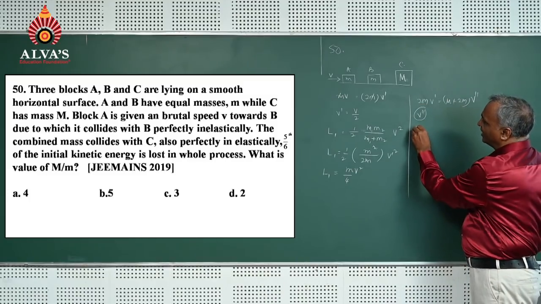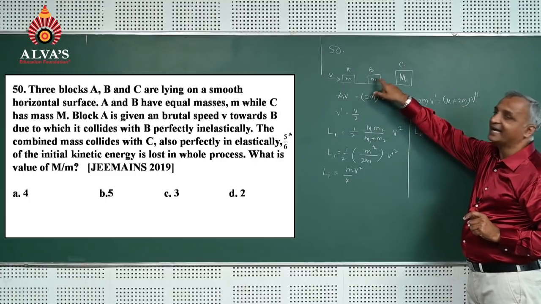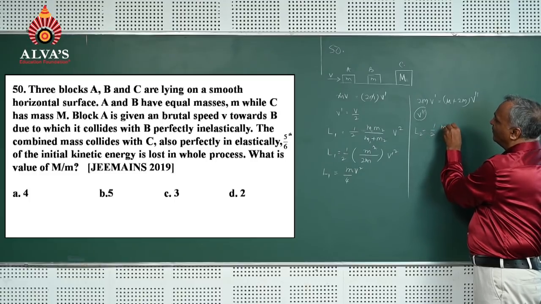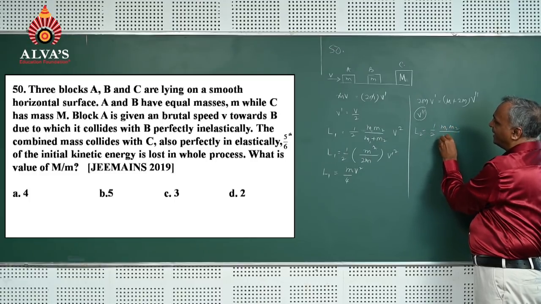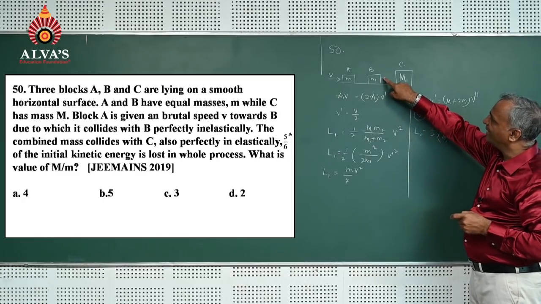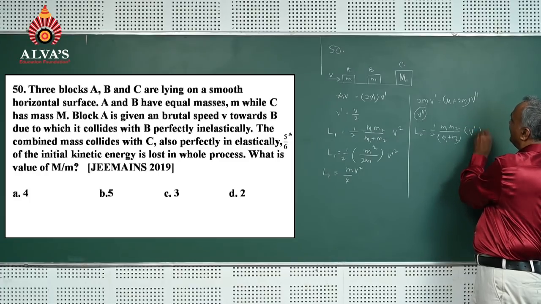Because for the second loss, the collision between B and C, this will be equal to, again, half m1 m2 divided by m1 plus m2 into the velocity of the combined mass, v dash, I have calculated. So you have to substitute v dash square.